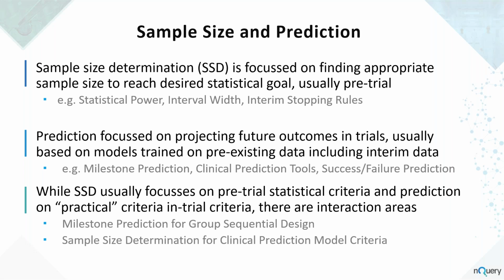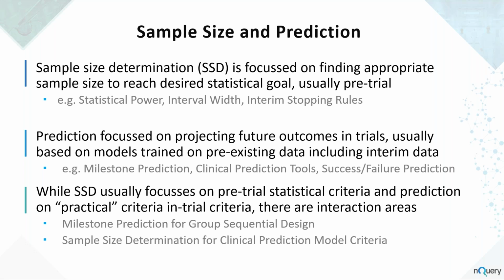And that's where these interaction areas can become quite interesting, because sample size is more trended towards the statistical side and based on more pre-trial assumptions, whereas these prediction things are more towards practical, real world considerations and on a more ongoing basis.